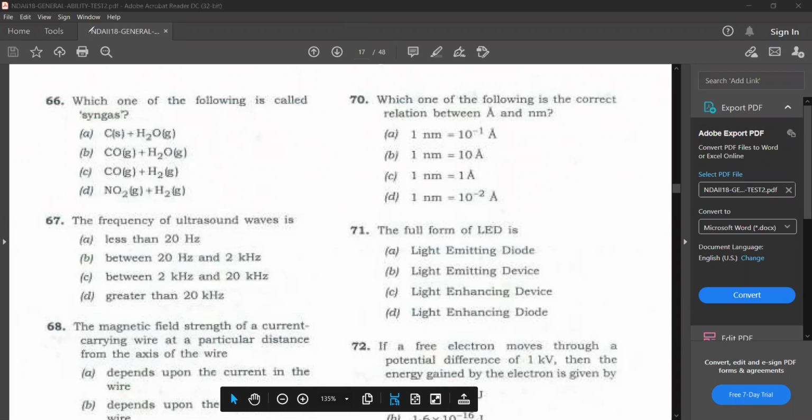From the options, syngas is option C, carbon monoxide plus hydrogen. This mixture or combination we call syngas or synthesis gas. Carbon monoxide plus hydrogen, so that is syngas.